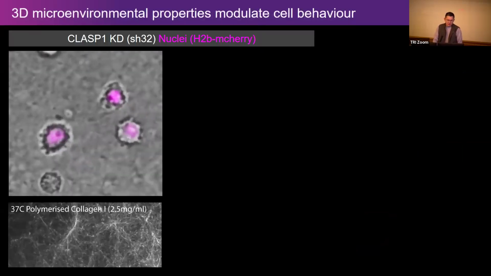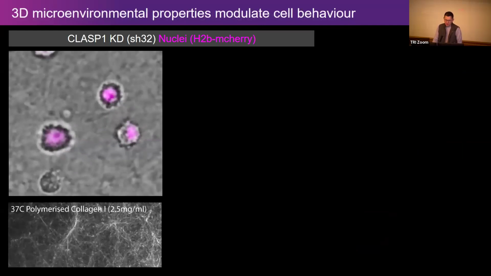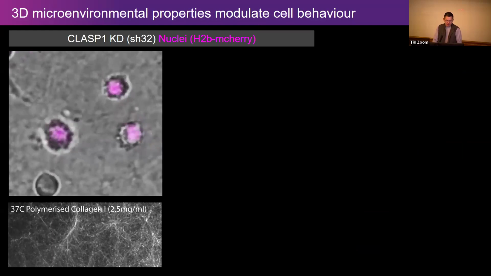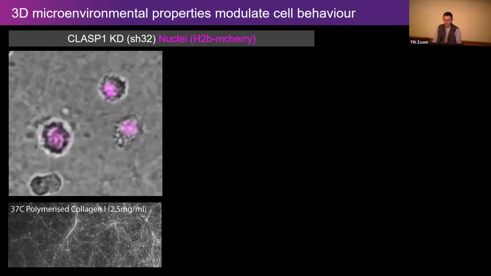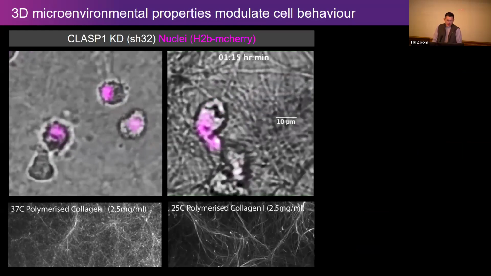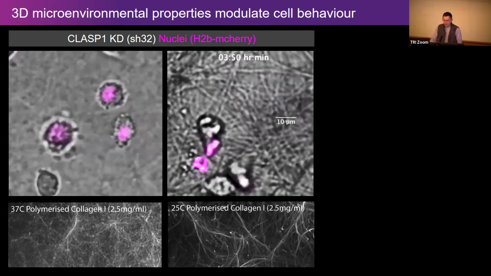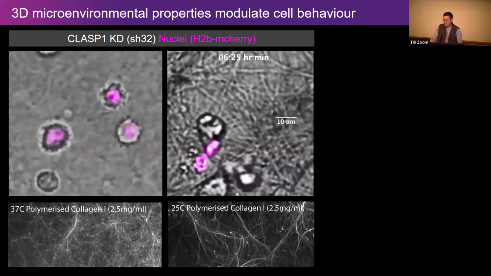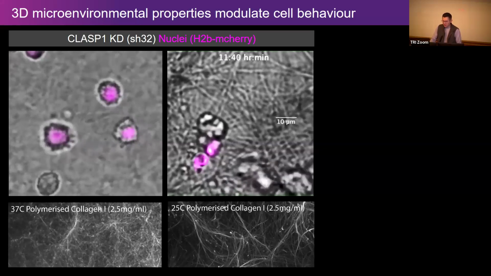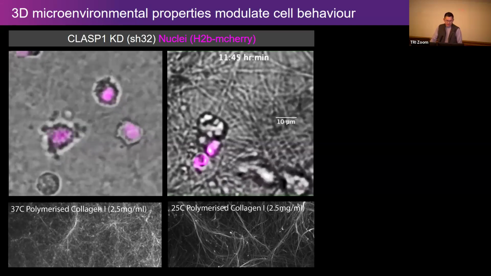So what we did was embed single cells, and these are cells with magenta-labeled nuclei, in 2.5 mg per mL of collagen. The collagen below shows the architecture of the 3D surrounding hydrogels. In the 37-degree polymerized hydrogels, the cells basically don't move too much at all. They're quite static. They try to extend protrusions and they largely fail.